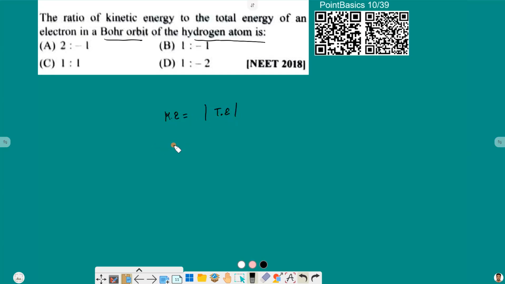So their ratio will be, first we have kinetic, so the ratio will be 1 ratio minus 1. And if in case of magnitude, it will be 1 ratio 1. So we will go with option B because our total energy is negative. If it had been mentioned that we have to consider only magnitude, then the answer would be option C.